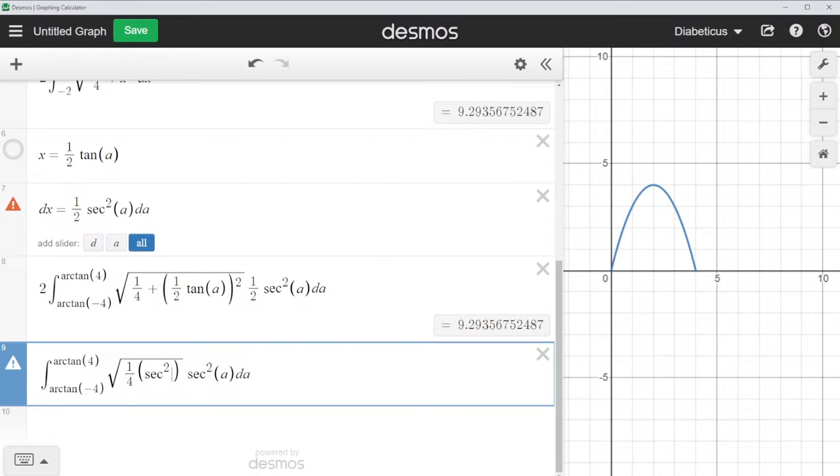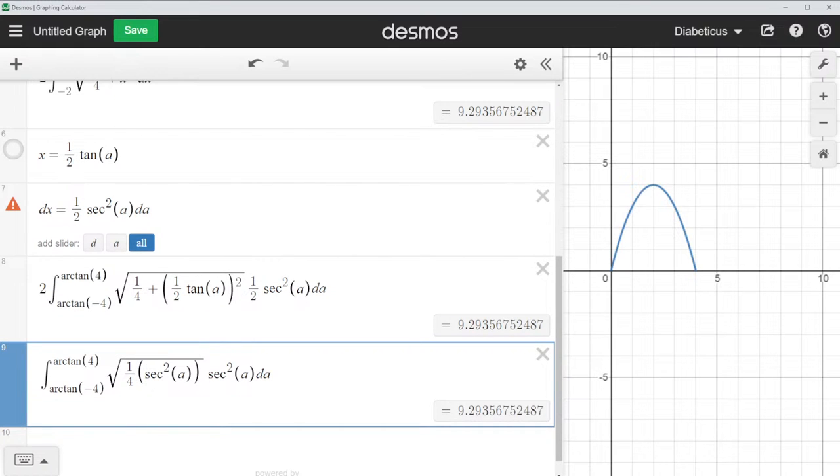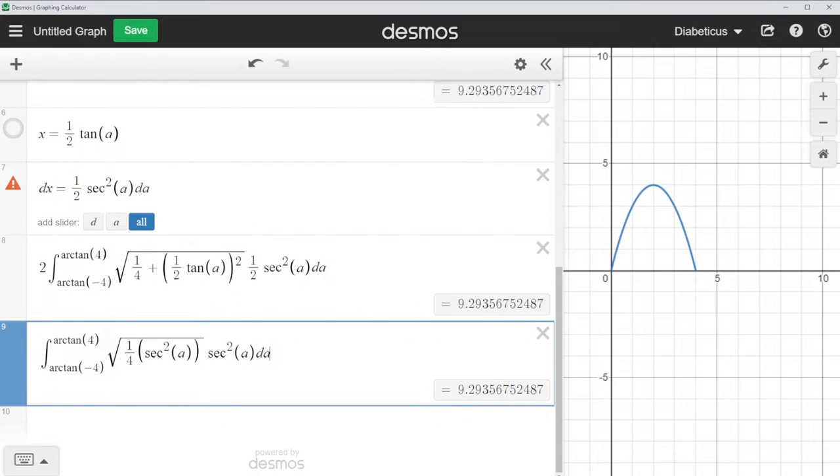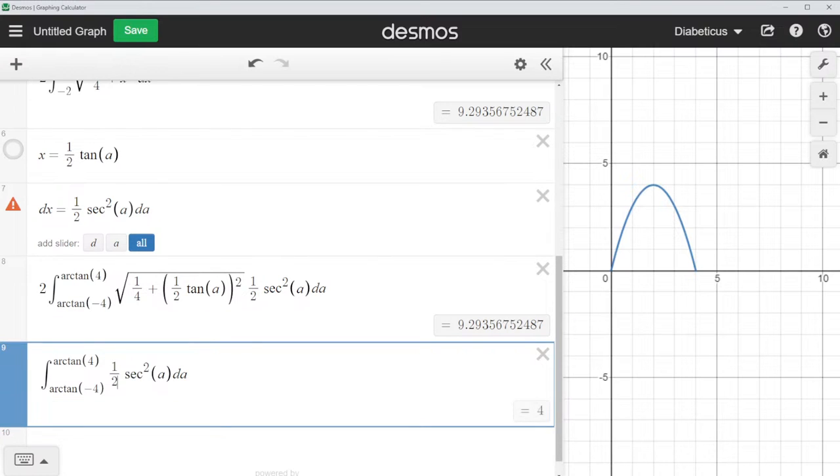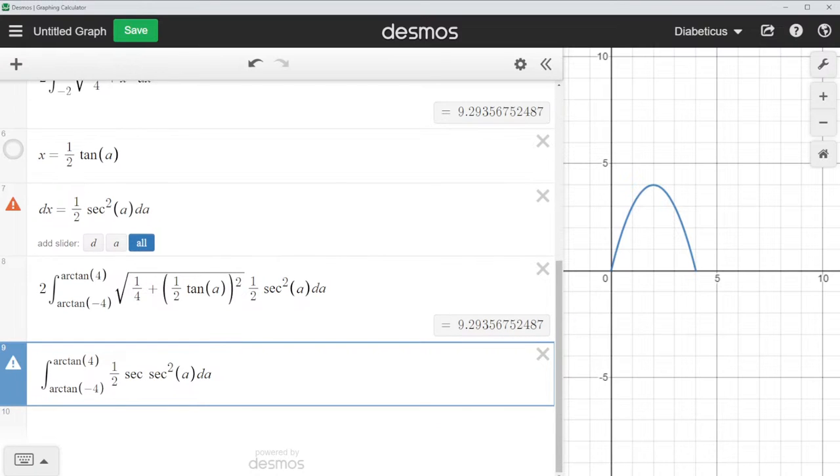Let's see if I can remember that. Okay, there you go. Same thing, right? So this thing here, we can now unsquare root, just evaluate the square root, which is just gonna be 1/2 secant.